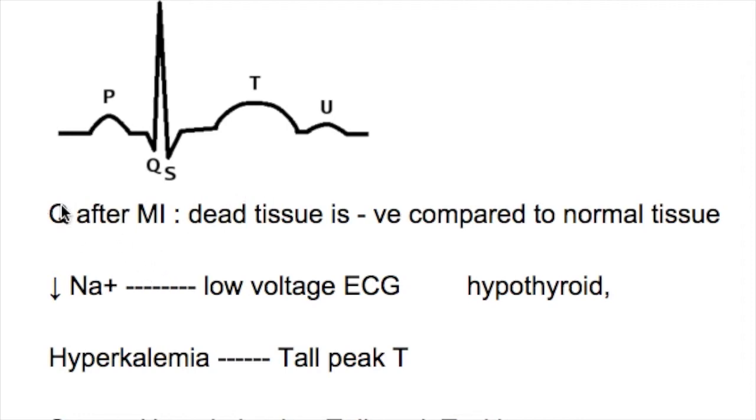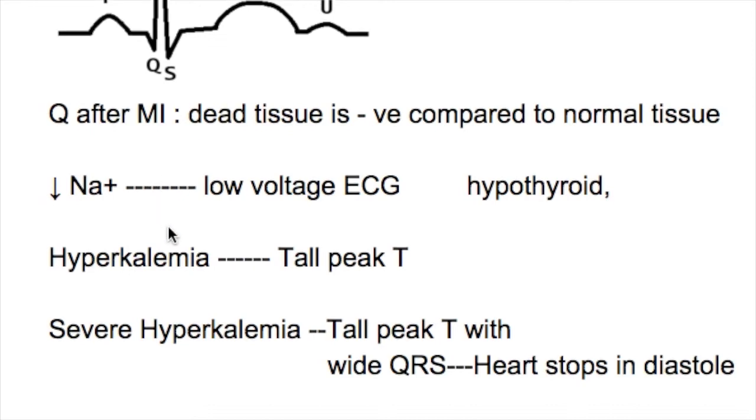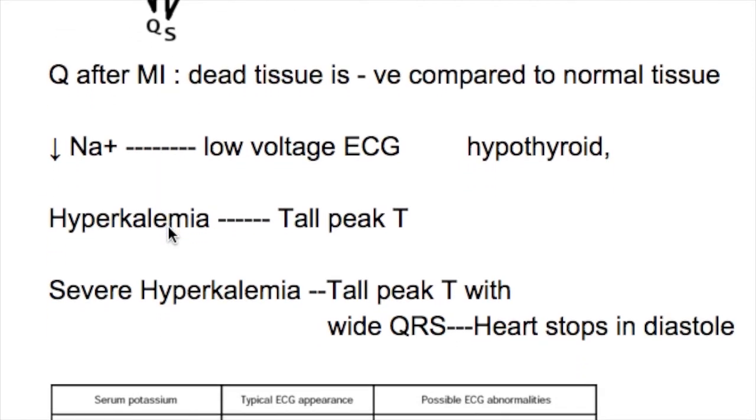Why does the Q wave have a negative deflection in the ECG after MI? Because the dead tissue is negative compared to the normal tissue, so it produces a negative deflection on the ECG. What are the effects of sodium, potassium and calcium on the ECG?